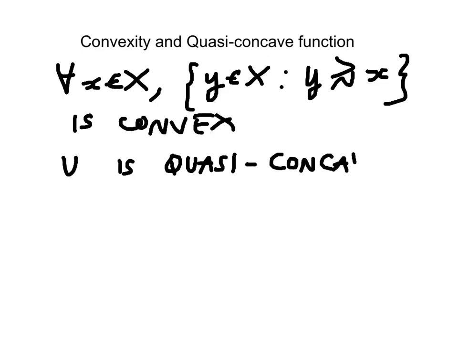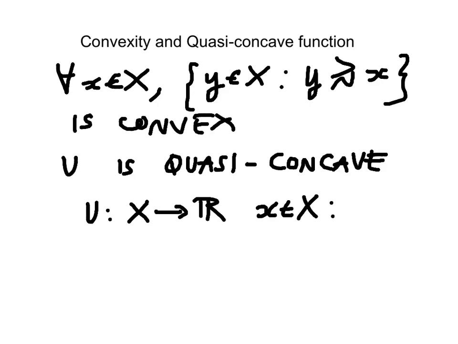This is a little bit tricky because we have the word convex on the one hand and the word quasi-concave or concave on the other hand. Now the definition for a function to be quasi-concave. Function u is quasi-concave if it's a mapping from a domain X into R, right? And the upper contour set, which are x elements of the commodity space such that u of x is greater than some level, let's call it u bar, that set must be convex.